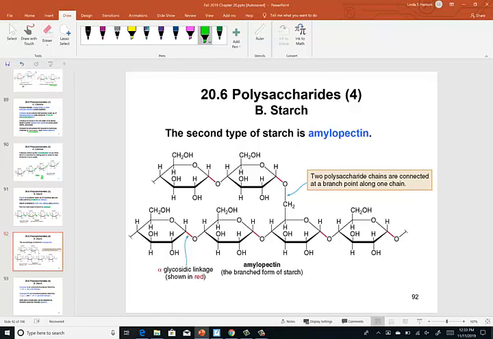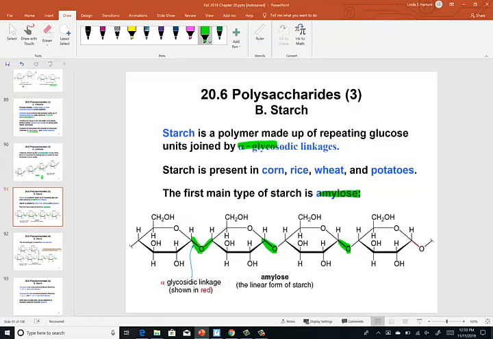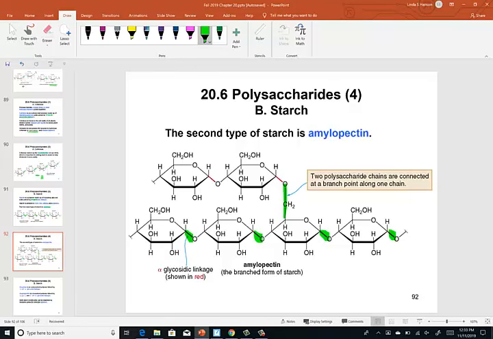The second main type of starch is amylopectin. Amylopectin has alpha linkages between the monosaccharides, and then we actually see a linkage that ties together branches along one chain to the next. So it's a more complex molecule than the amylose of the previous slide. Amylose was just a straight chain, but here the amylopectin is more complex because one chain can attach to another chain through these side branches.